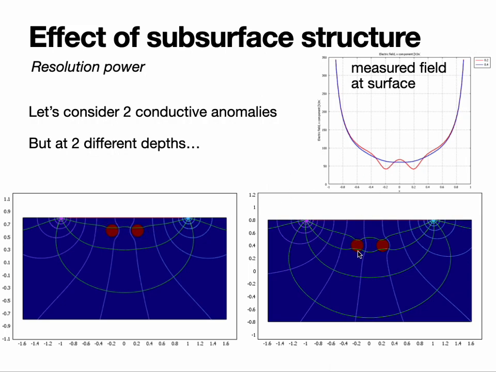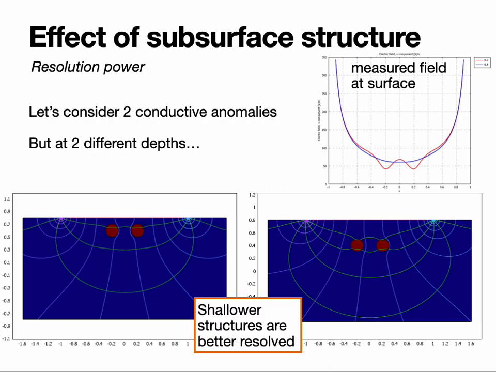But in the case these two bodies are buried too deeply, you only see a very wide bell-shaped profile, and you can barely distinguish the presence of two individual bodies. So the shallower structures are better resolved. It's difficult to resolve deeper structures.